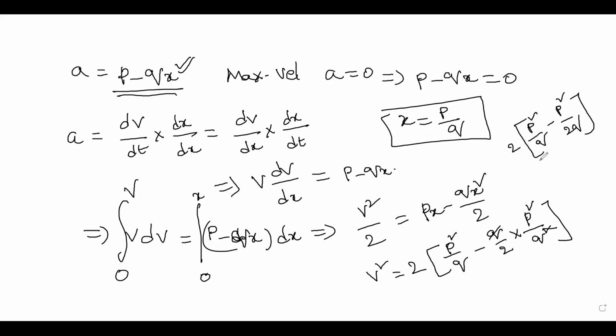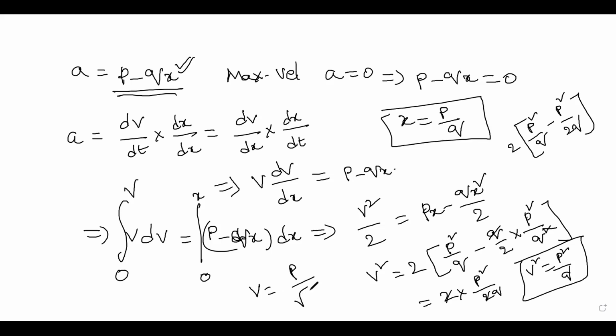So you get p square by 2q into 2. So this 2 gets cancelled. So v square happens to be p square by q. Clear? So v is equal to p by root q. That's the answer.